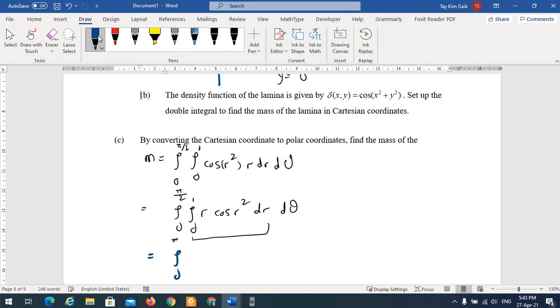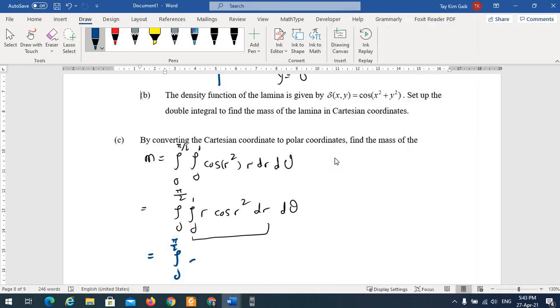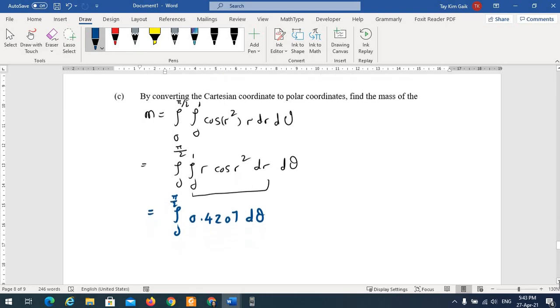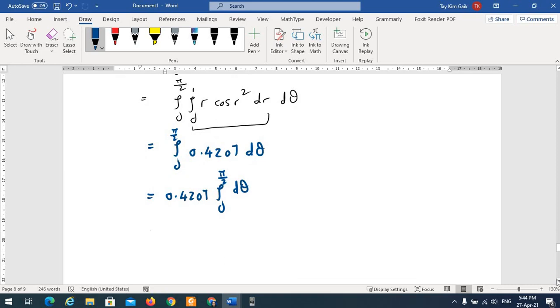Zero to pi over 2. Okay, the inner is 0.4207. So this one is theta, 0 to pi over 2.